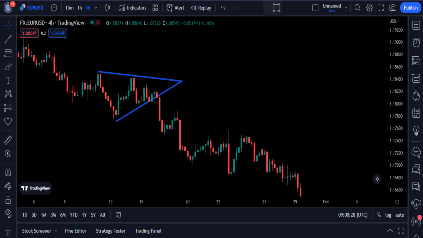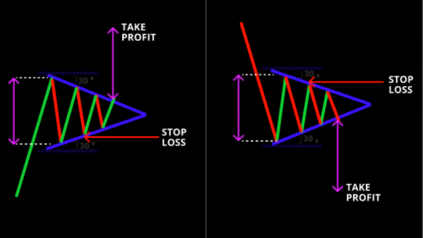And when you see a symmetrical triangle in an uptrend, then you should look for a buy breakout. Set the take profit to be the height of the triangle measured after the breakout, and stop loss will be the highest point of the second to the last swing high. But mind you, ascending and descending triangles are more certain than symmetrical triangles.